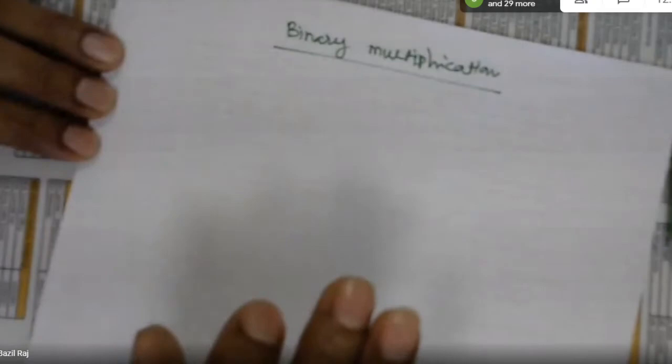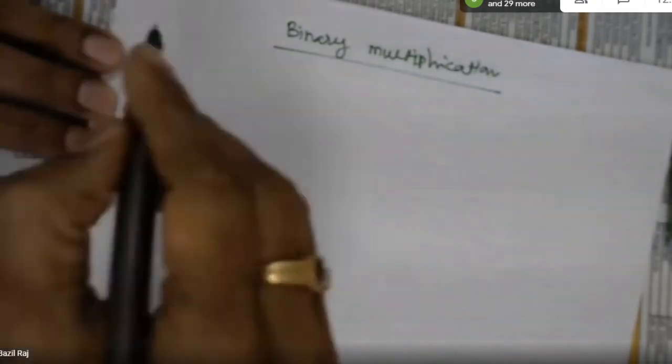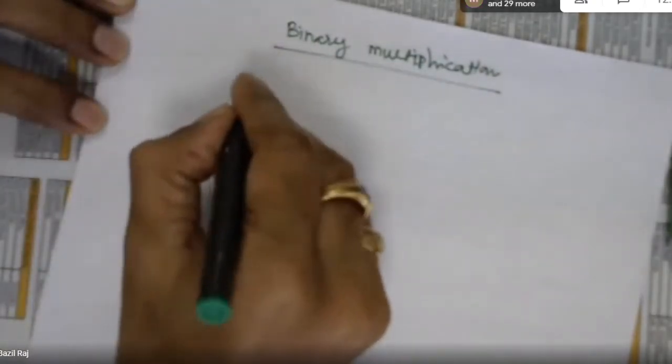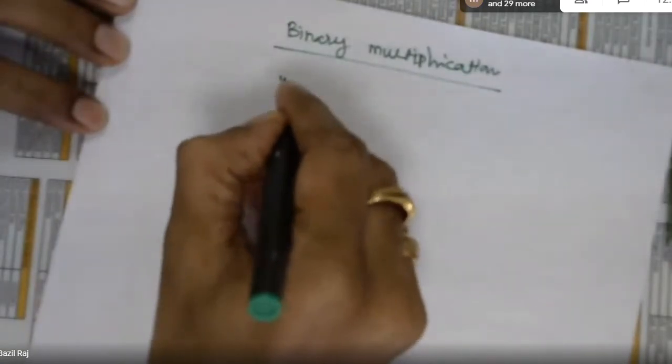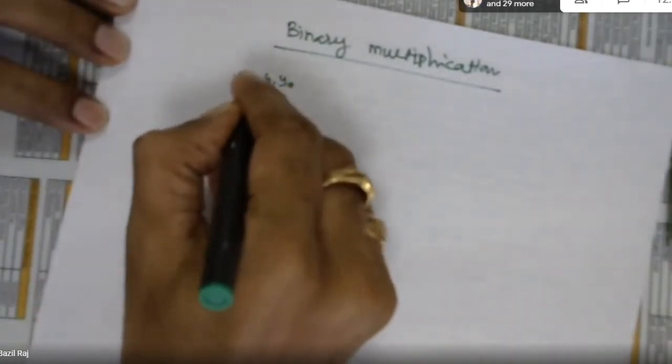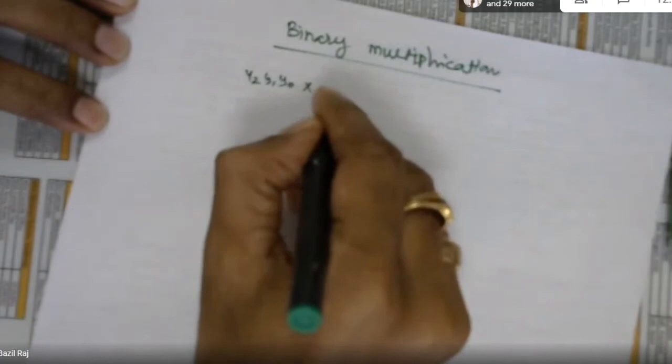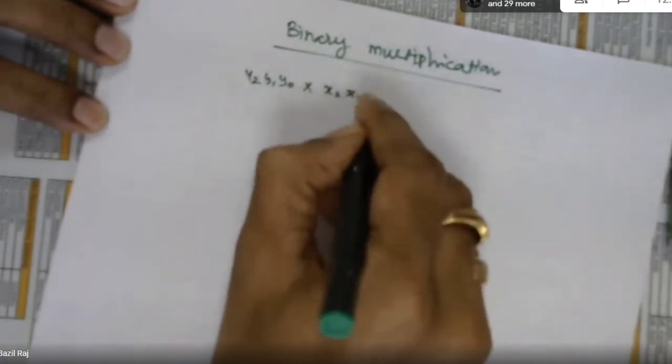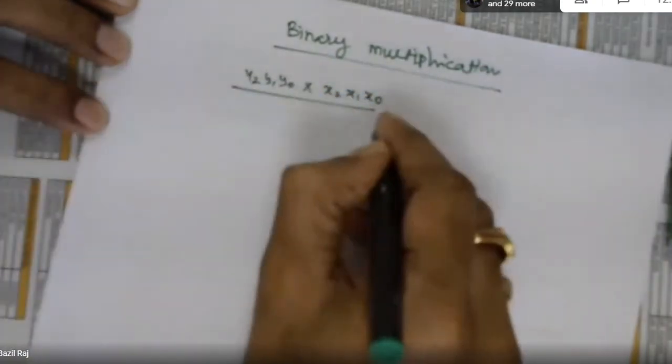Now we are going to see multiplication, and we will prove that this also is in terms of addition only. I am taking 3 bits, y0, y1, y2. I am going to multiply by x2, x1, x0. Here the sign bit is neglected. The sign bit we will consider later and discuss how we process it.